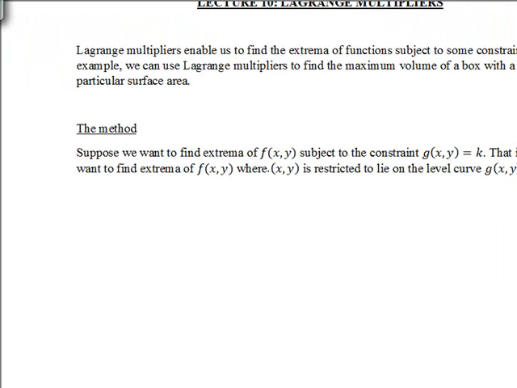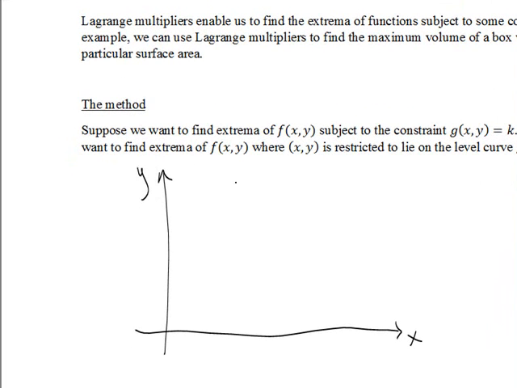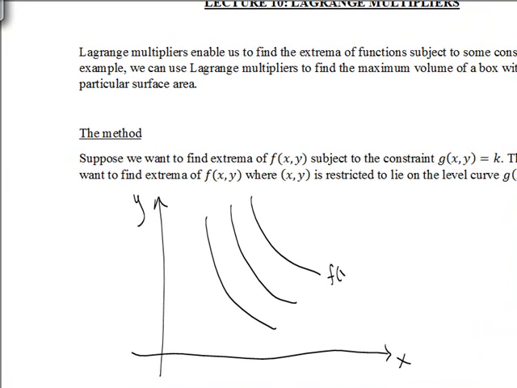Okay, let's do that. We want to maximize this function of two variables f of x, y. So remember I told you a three-dimensional plot can be drawn as a two-dimensional plot using level curves, right? So let's draw the level curves of f of x, y. Let me do the x and the y axis. And let's just say these are three level curves, okay? And we can call them anything. Let's say this one is f of x, y equals 11.